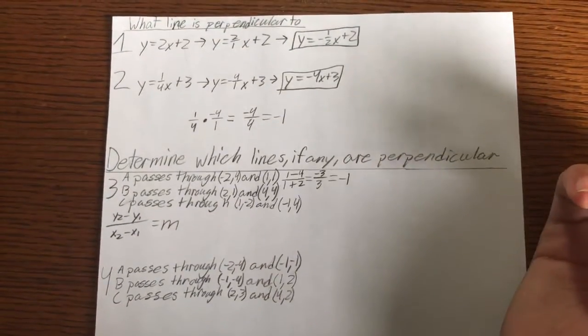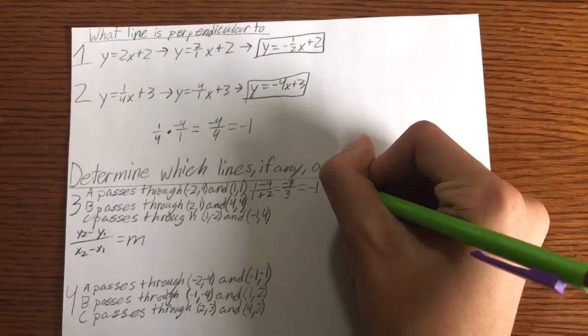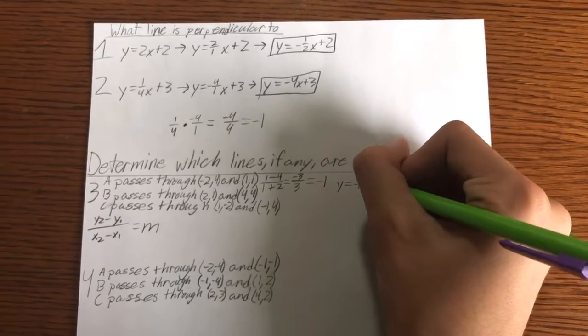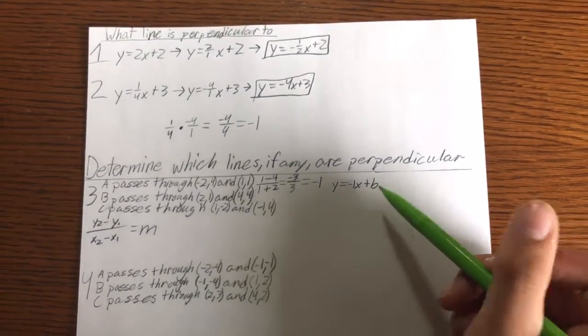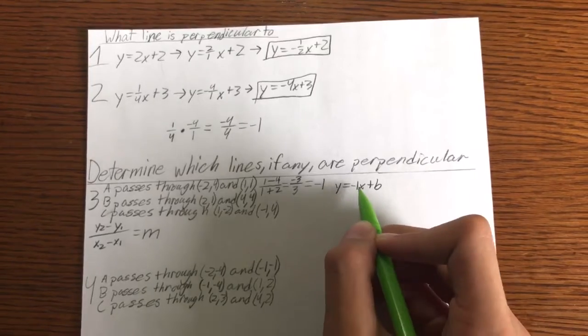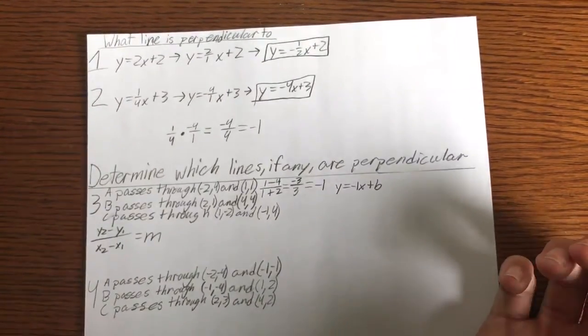Now you can plug your slope in, and to figure out what b is, we will plug in y and x. We'll use this point since it looks easier.